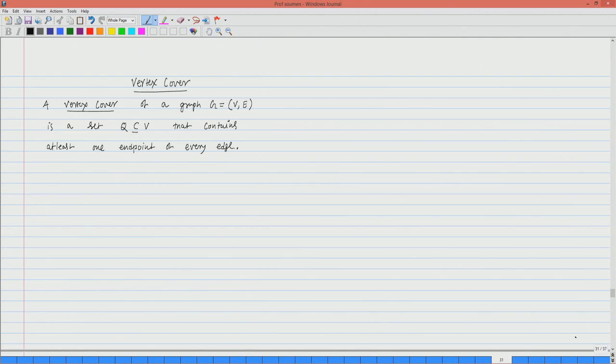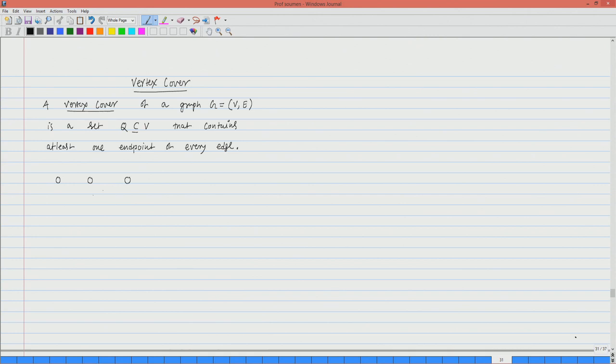So, once a vertex of Q contains an endpoint of an edge, we say that the edge is covered by that vertex. Anyway, let me just give an example to explain the definition.